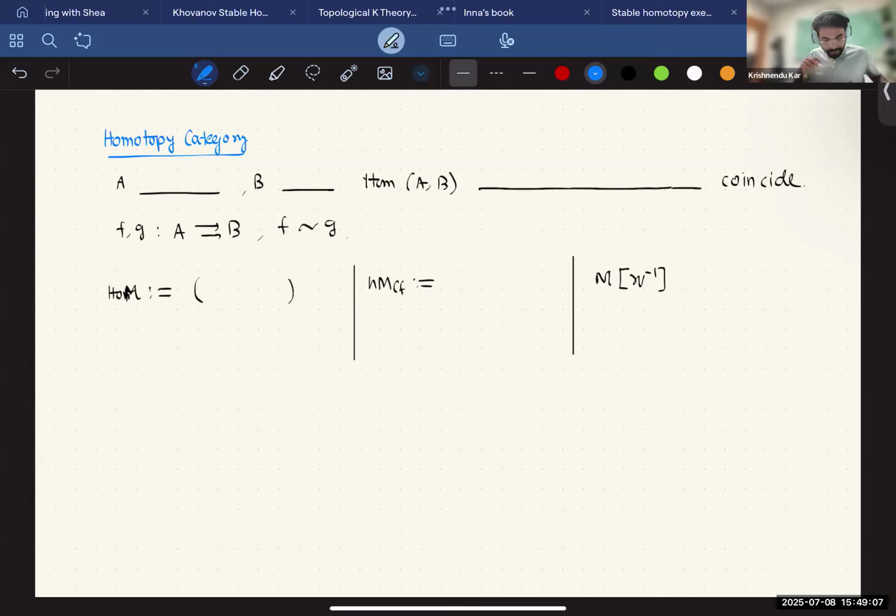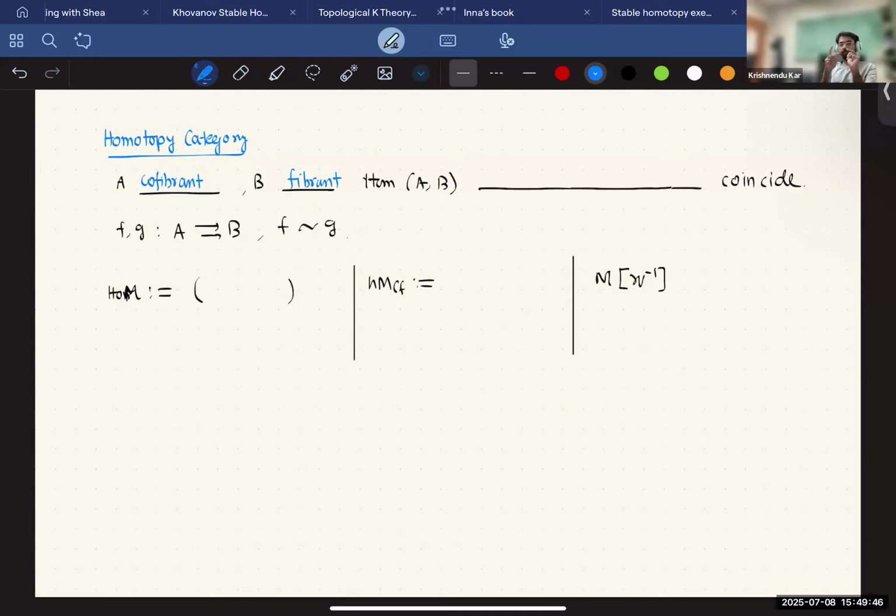Given A cofibrant and B fibrant, so given cofibrant and fibrant objects, we can define something called left and right homotopy.